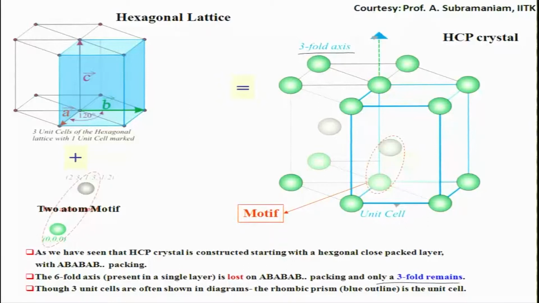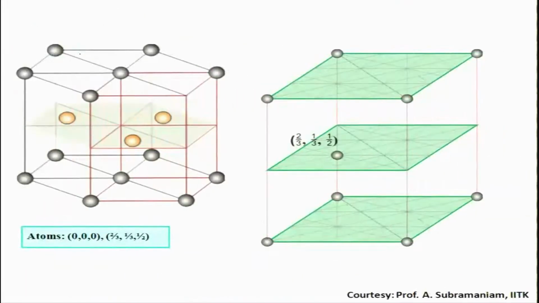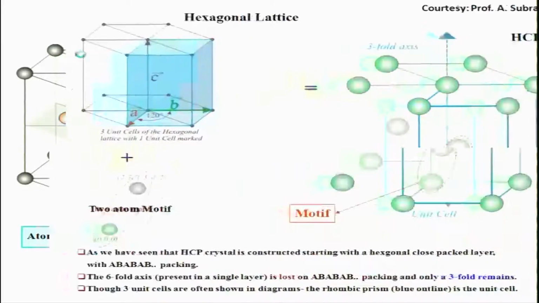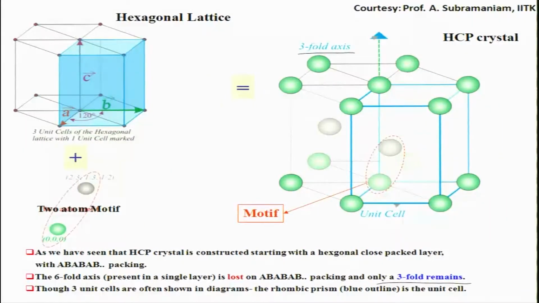So only a three-fold remains in this lattice, and although I have shown the three unit cells here, the unit cell actually is the smaller one, which is the rhombic prism, the blue one. This particular unit cell still is a primitive unit cell, because both of them are needed to define the unit cell.